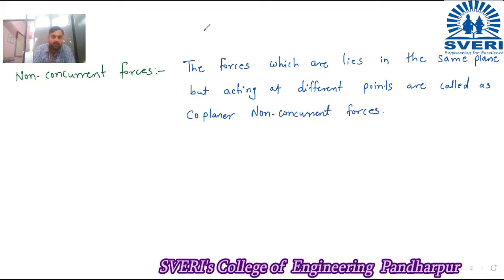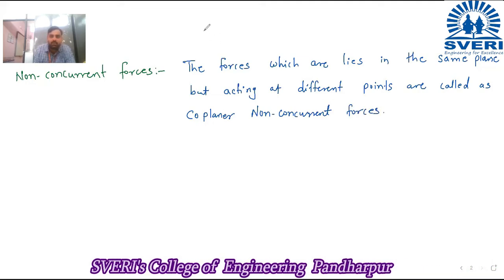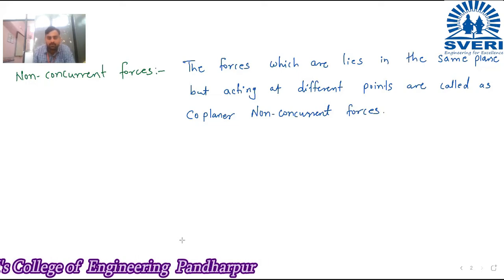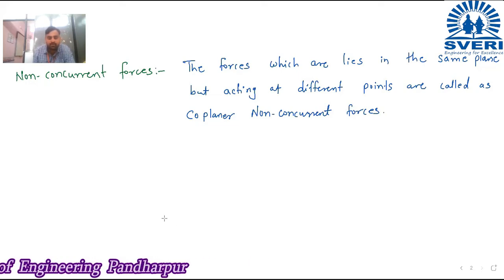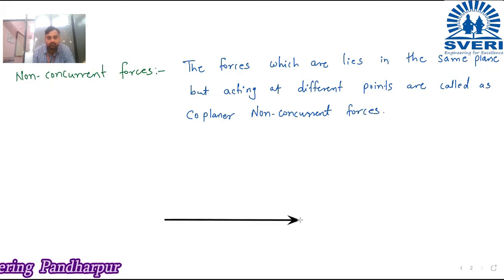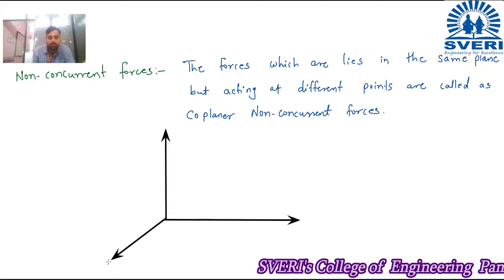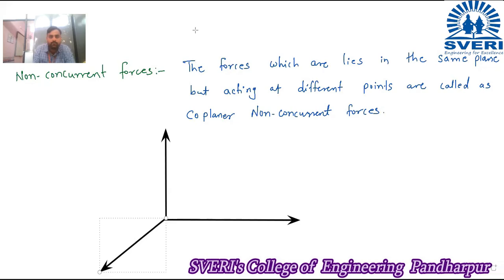Now again, if I draw the axes XYZ, this is the x-axis, then the y-axis, and the third one is the z-axis. These three axes are mutually perpendicular to each other.